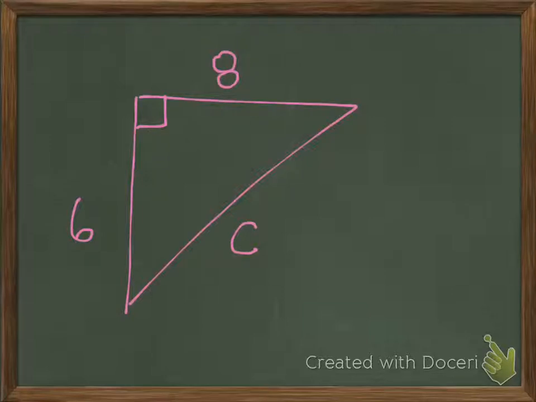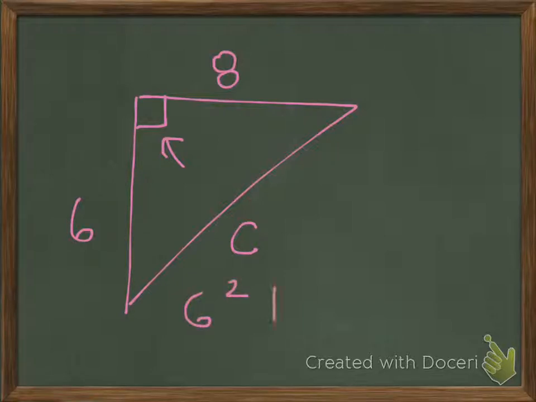For the first one, we're trying to find the missing side using just the Pythagorean theorem. We know it's a right triangle because it has a right angle indicated here. We label our hypotenuse with C, and we have our two legs.